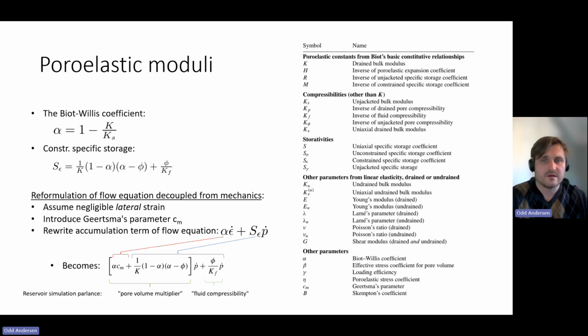However, for this to remain consistent with the mechanics equations, if we are working with a full system, the correct value for this multiplier must be chosen, and this involves knowledge of several poroelastic parameters, such as the Biot-Willis parameter alpha, the Gassmann parameter Cm, and the bulk modulus K.